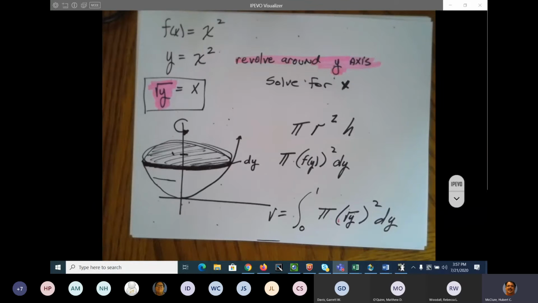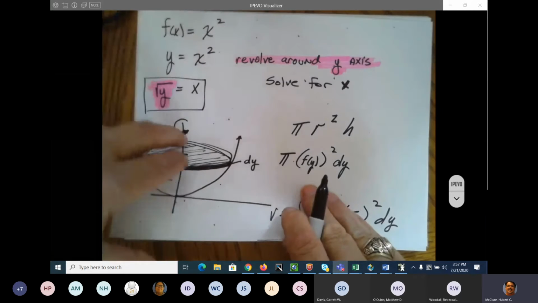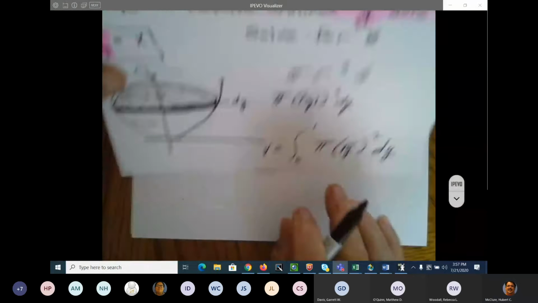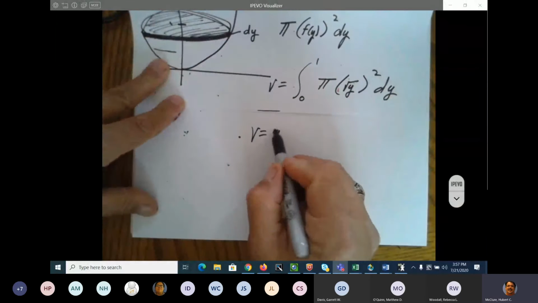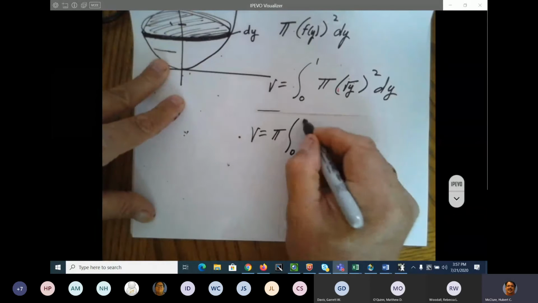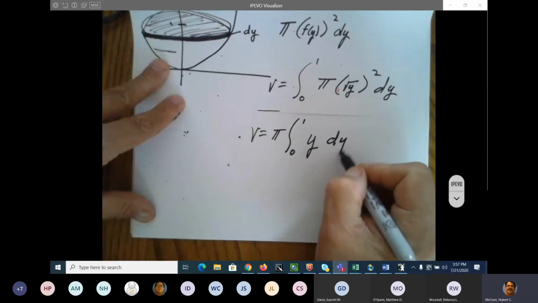And what happens to the square and the square root? They cancel. And that's going to give you V is equal to pi, 0 to 1 of y dy.